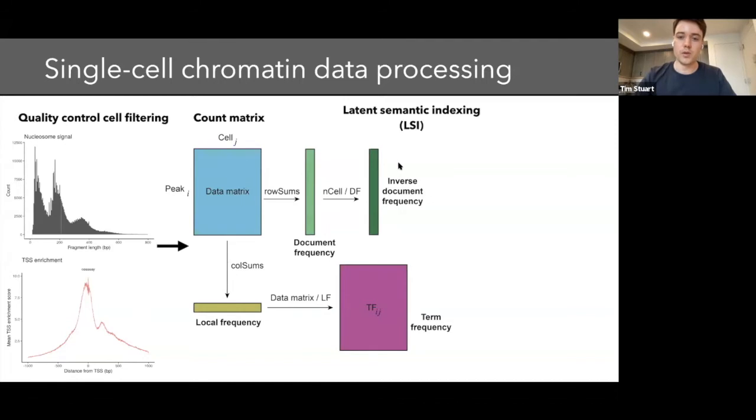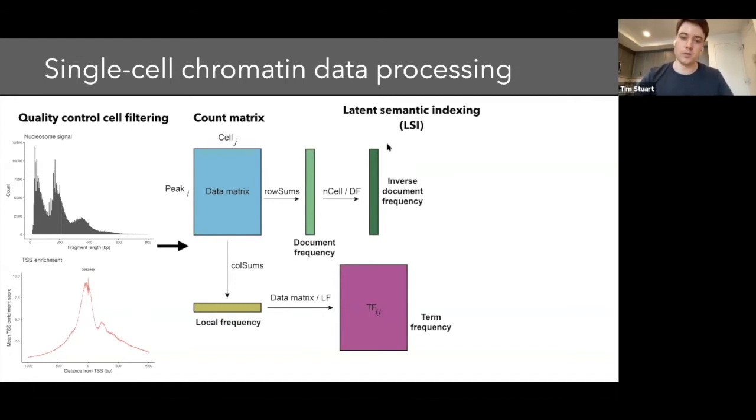We then want to compute a set of feature weights because we know that not every peak is as informative for separating the different cell types in our data set. So if you can imagine a peak that's just ubiquitously open in every cell type, that's not really informative for separating between the different cell types. Whereas other peaks that might be open in only a subset of cells are more informative.